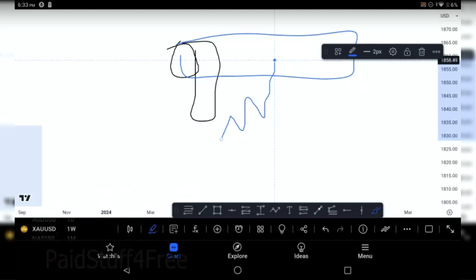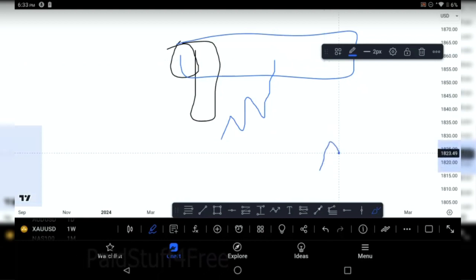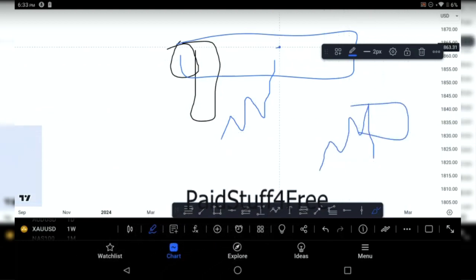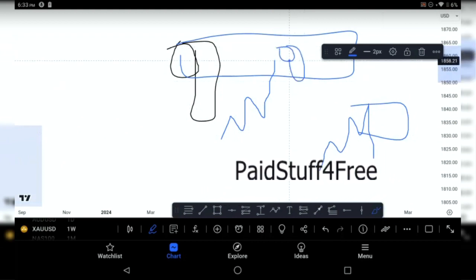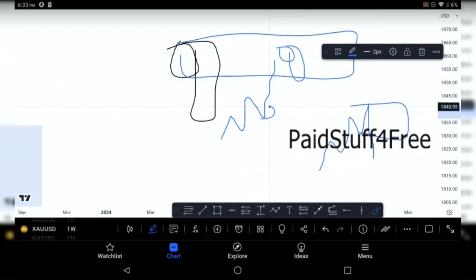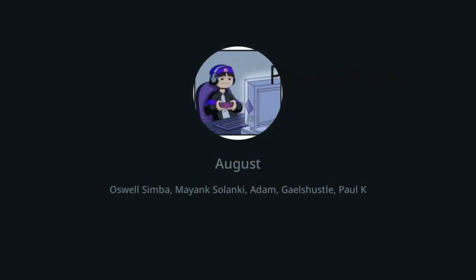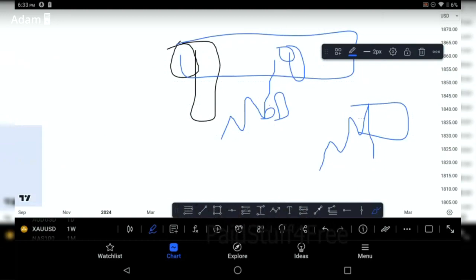That means that 4 hours did something like this, broke structure, and then it has formed this daily engulfing sell here. But remember, this is the zone that price needs to break before we say, okay, it has changed the storyline on the daily time frame.